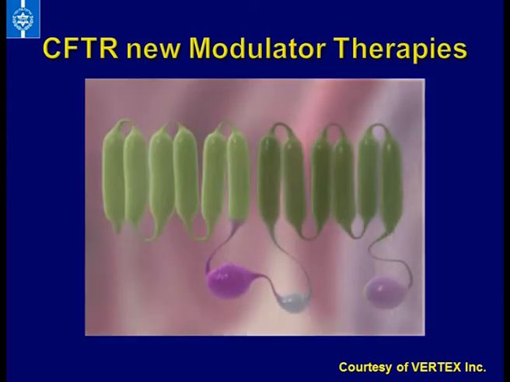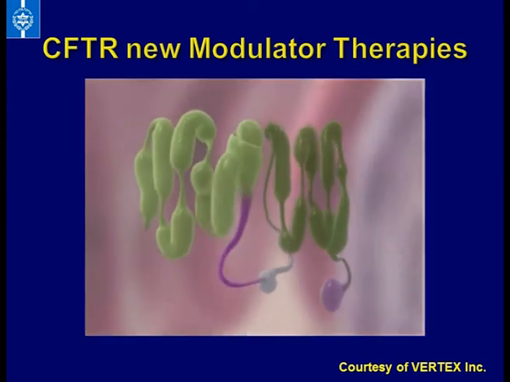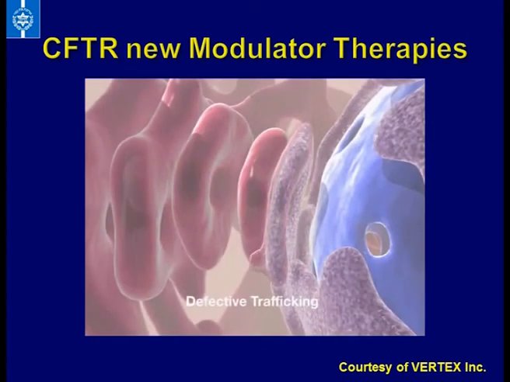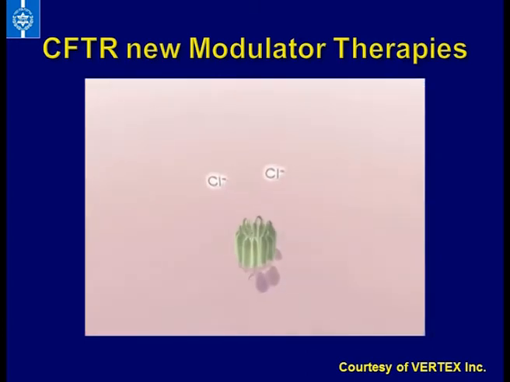Other CFTR mutations affect post-translational folding and transport of the protein, also known as trafficking. The result is that only a small quantity of CFTR protein reaches the cell surface.